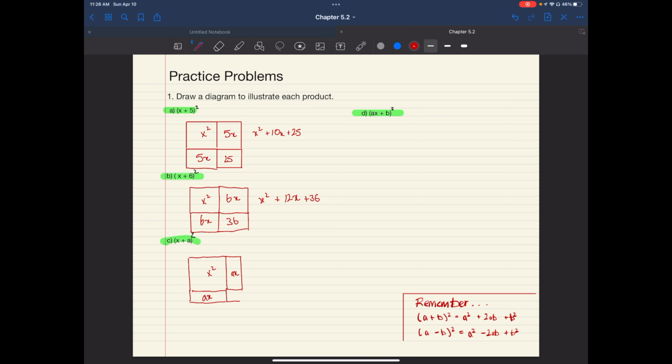And then we're going to have a squared. All right. Now, the next one, we're going to have a squared x squared.